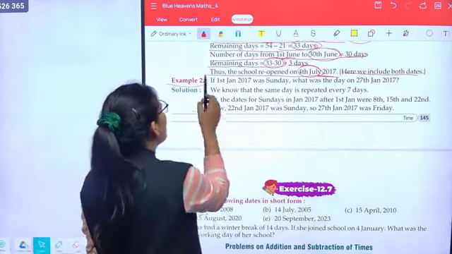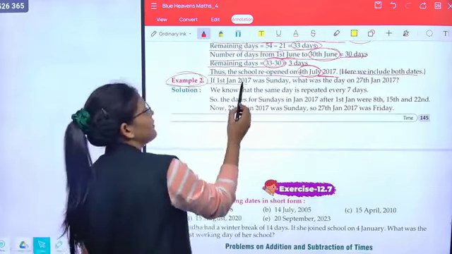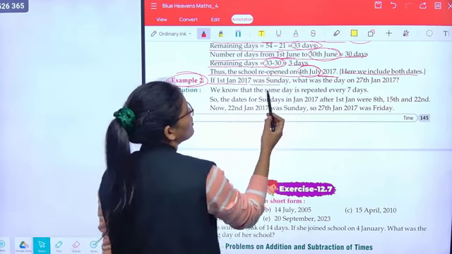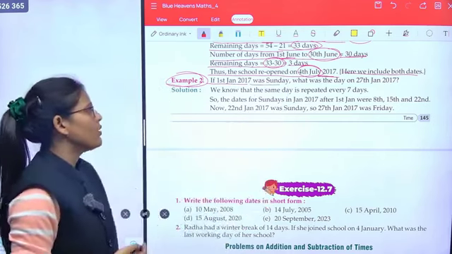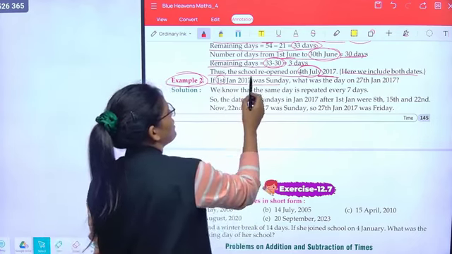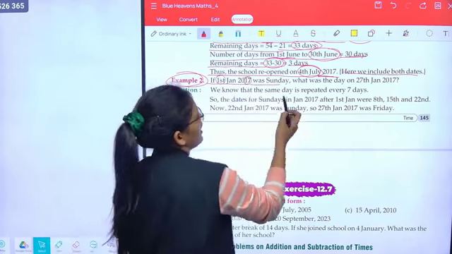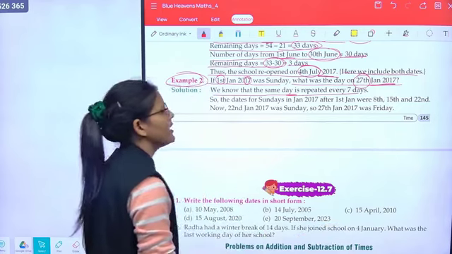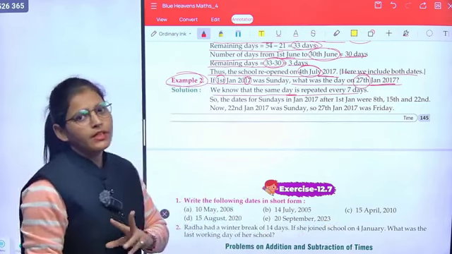Now come on, example 2. If 1st January 2017 was Sunday, जब 1 जनवरी 2017 को संडे था, when was the date 27th जनवरी 2017? और 27th जनवरी को क्या होगा? We know that the same day is repeated every 7 days. हमें पता है same day repeated होता है every 7 days.